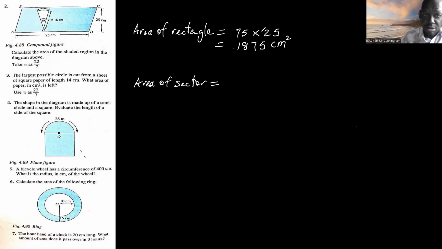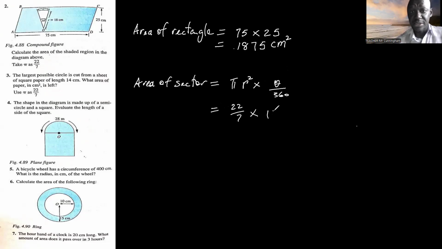Oh, Theodora, that's correct. So the area of your sector, remember, is pi multiplied by r squared multiplied by theta on 360. They said use pi as 22/7. Radius 18, so that's 18 squared. Theta is how much, Johansi?